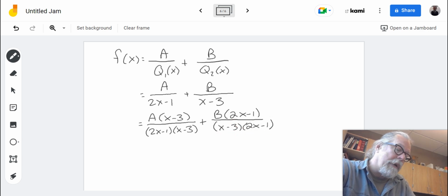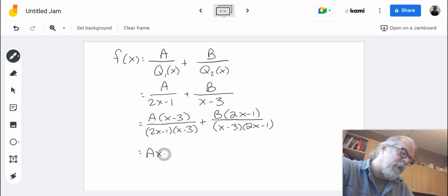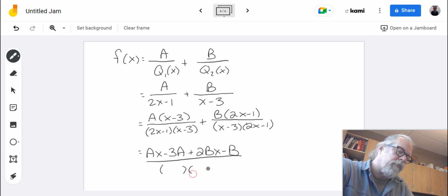They're now over a common denominator, which means that my numerator is ax minus 3a plus 2bx minus b over the quadratic. But I also know, looking back at my original problem, that this equals x minus 13 over that same quadratic.